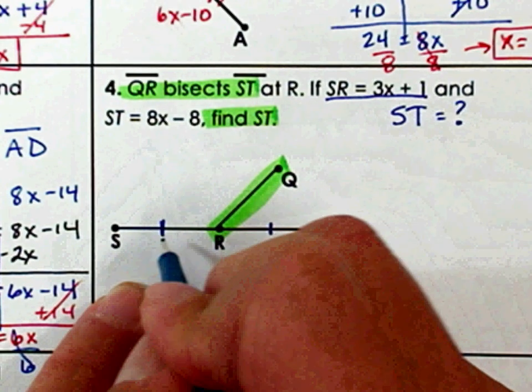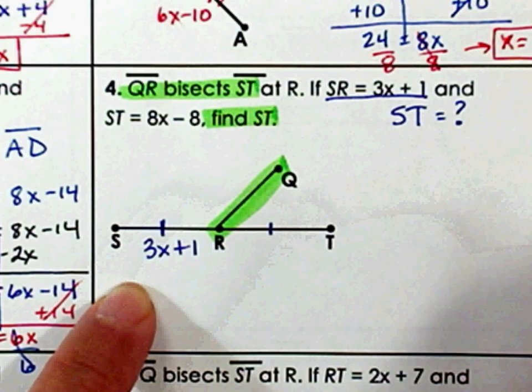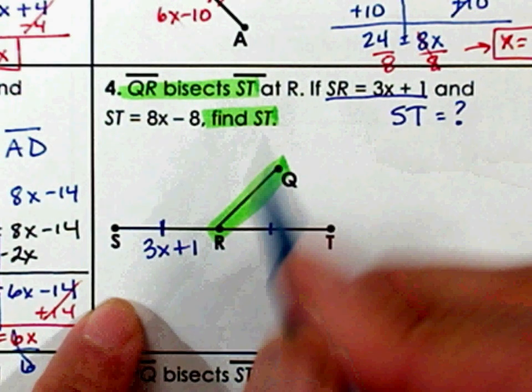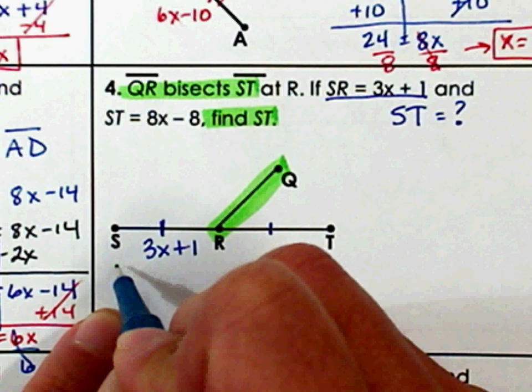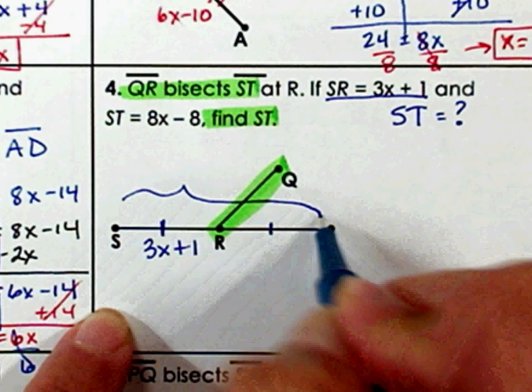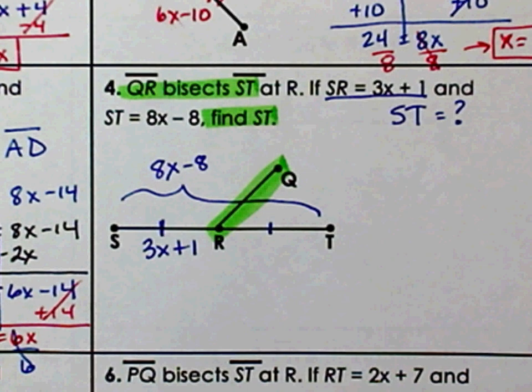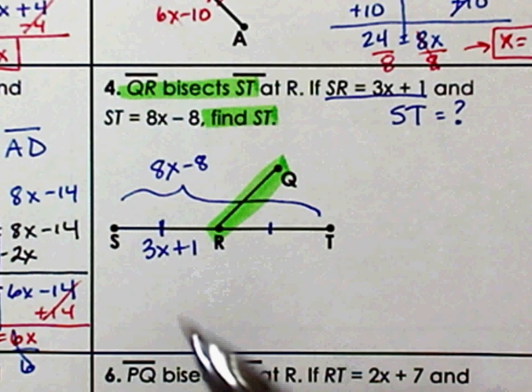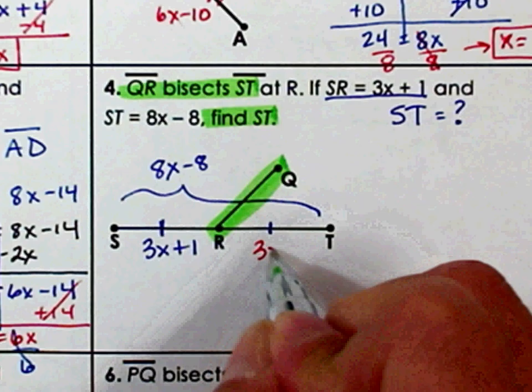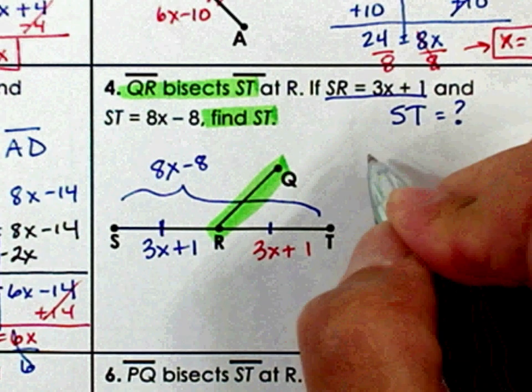All right, it says SR is 3x plus 1. ST, okay, let me write it up here. ST is 8x minus 8. See all that? All right, so if this is 3x plus 1, this is also 3x plus 1.